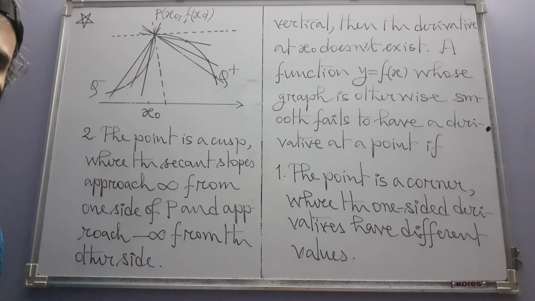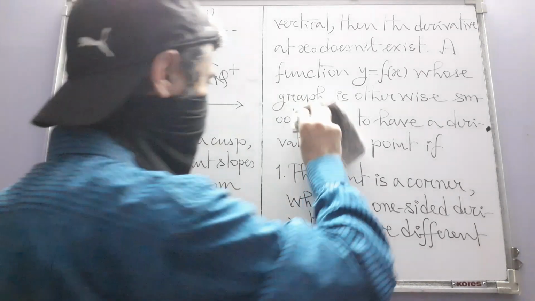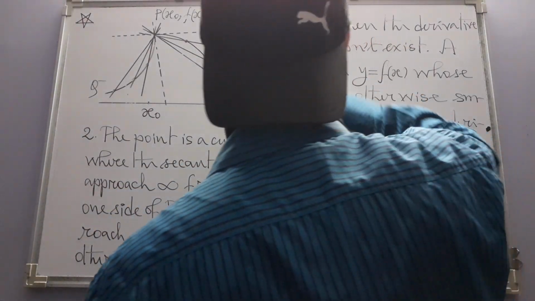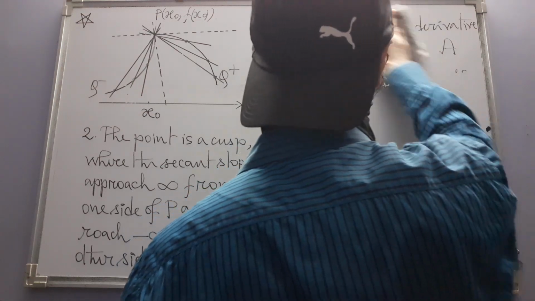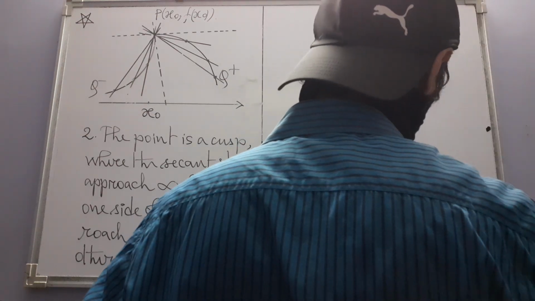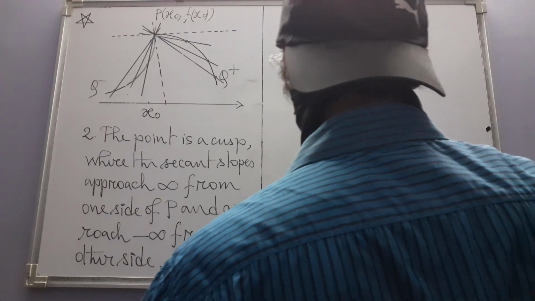Now, what is this situation? In this case, none of the one-sided derivatives exists. One of them is plus infinity, the other is minus infinity.